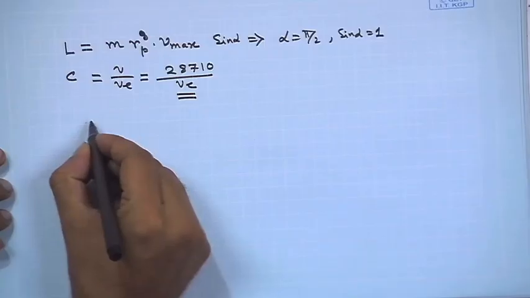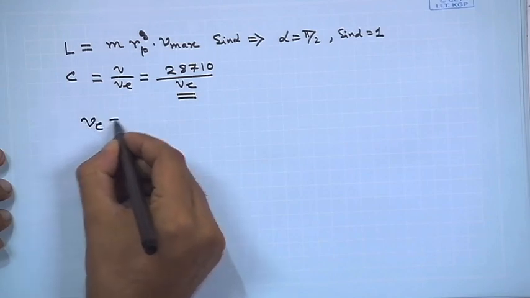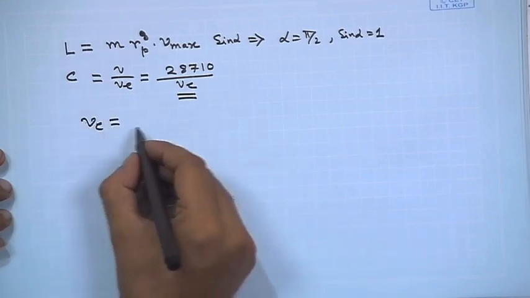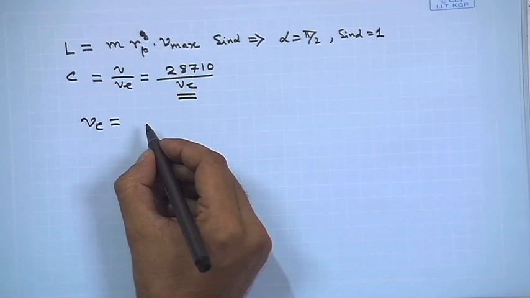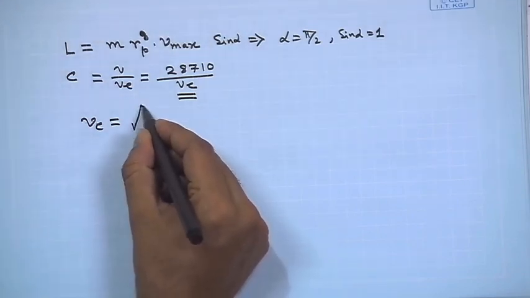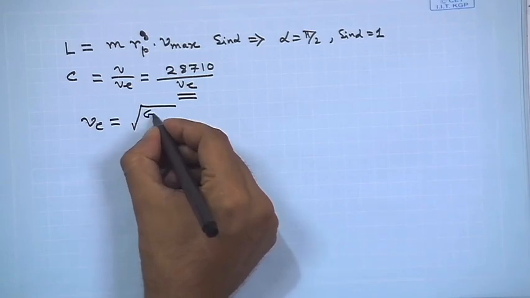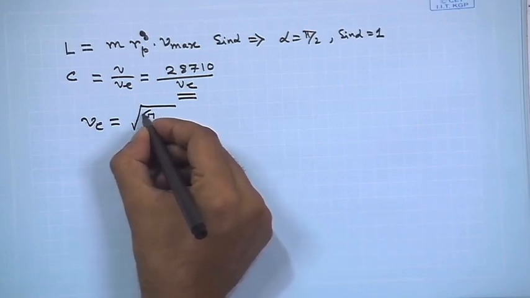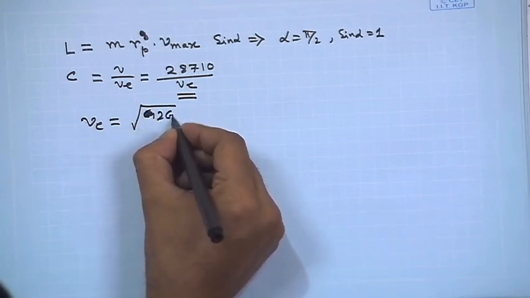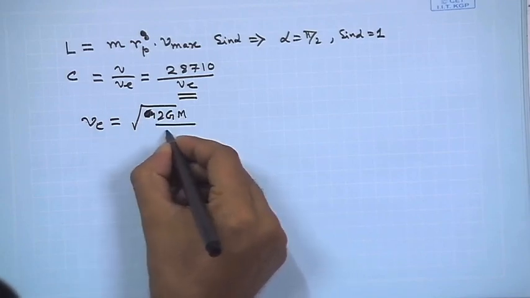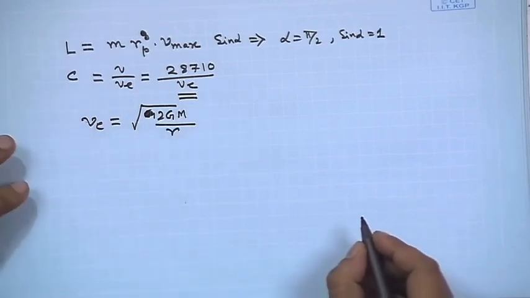First of all, for this problem we need to calculate the escape velocity from this height. The escape velocity expression is root over 2 G M by r for a distance r.